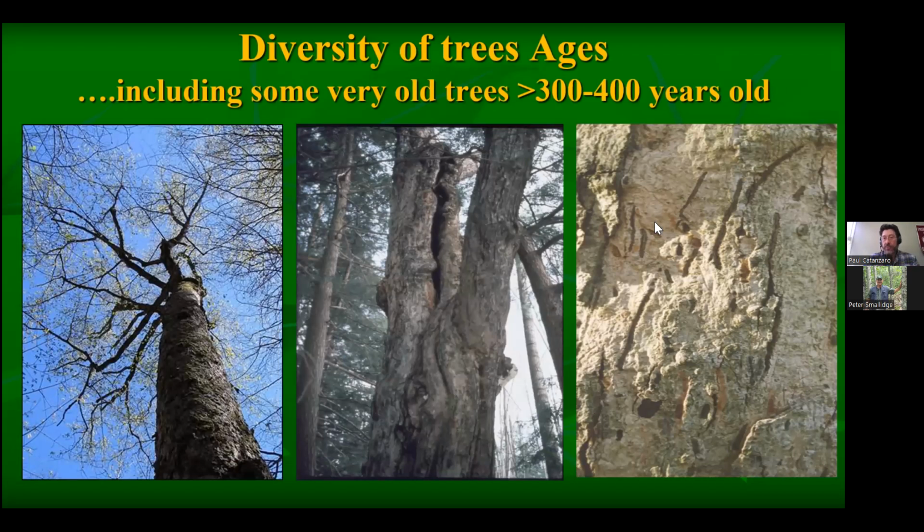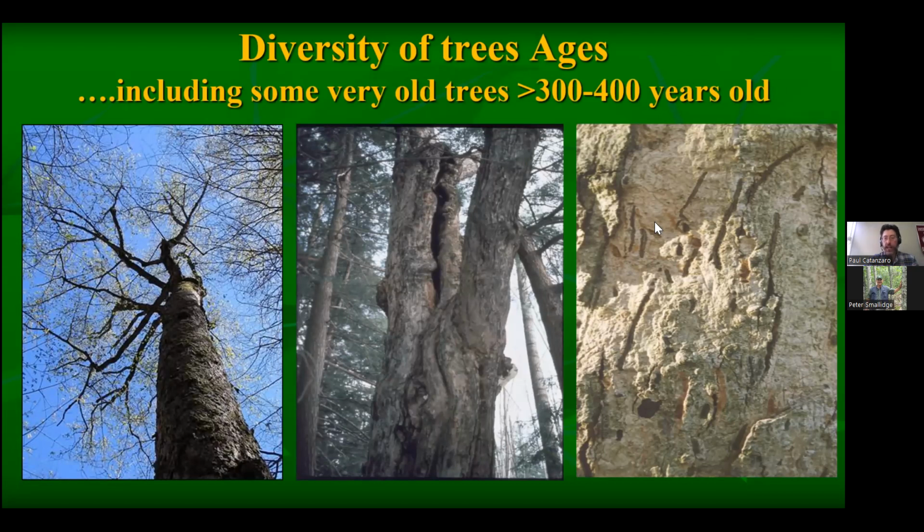And ages, right? So some very old trees. Even though we've got some young trees from recent disturbance, we've got some very old trees. That tree on the left is about 350 years old. It's from an old growth forest in Western Massachusetts. The trees in the middle and the right are exhibiting some fantastic features that we would like to see in our forests.